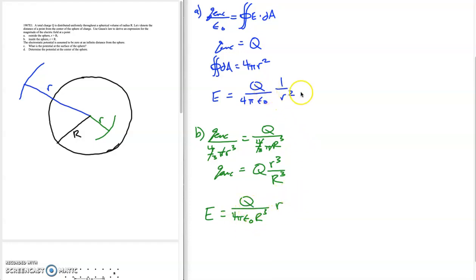So if we were going to graph this, we would have constant over thing squared, which gets us an inverse square law curve. And for this one, we have constants and then thing, so that would be linear. When you put these two together, you have the linear part inside, and then at big R, you switch to inverse square law.